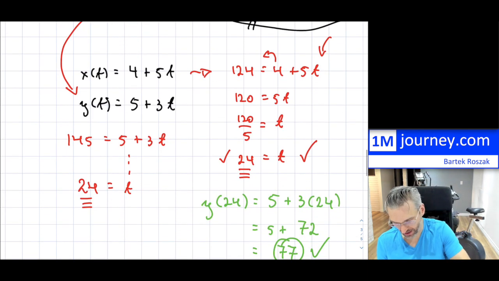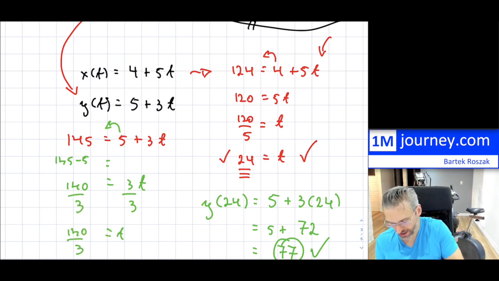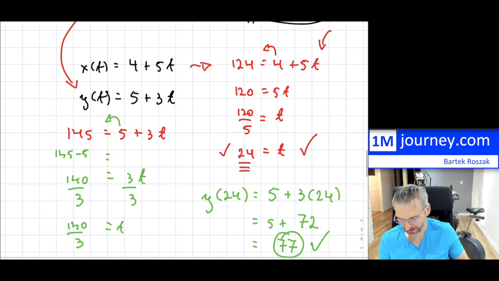If you did the same thing here and solved this all the way through, sure, you can bring this over. You're going to get 145 minus 5, so 140. Now you're going to have 3t, so divide by 3 on both sides. So you're going to get t is equal to 140 over 3 right there.